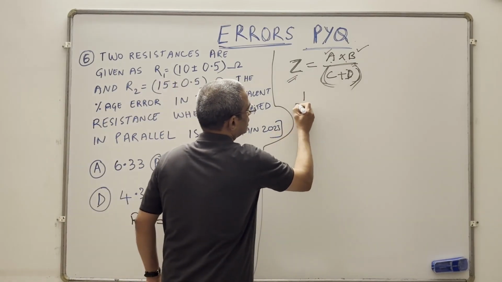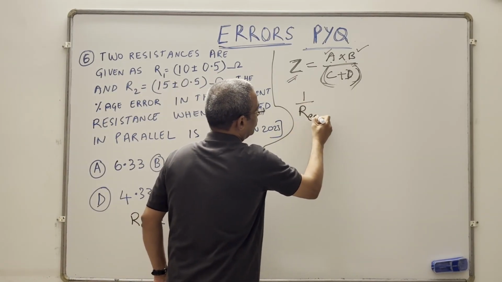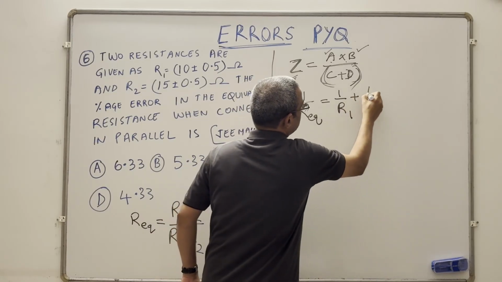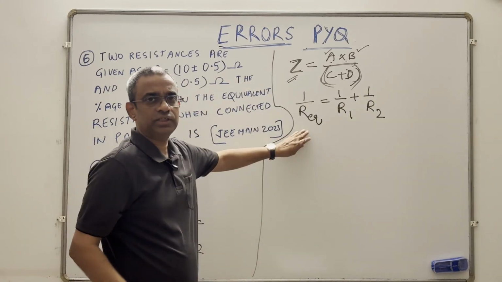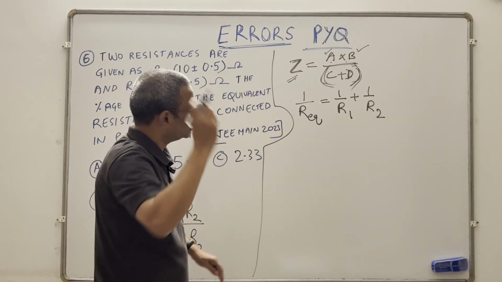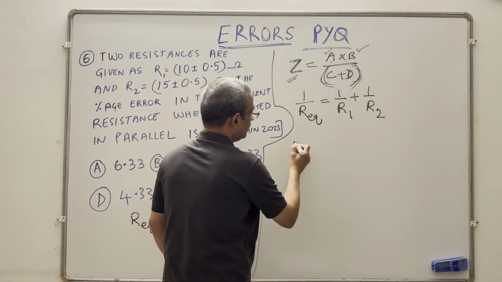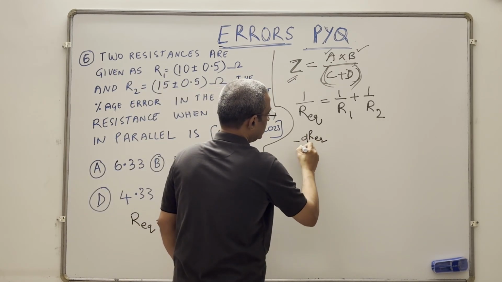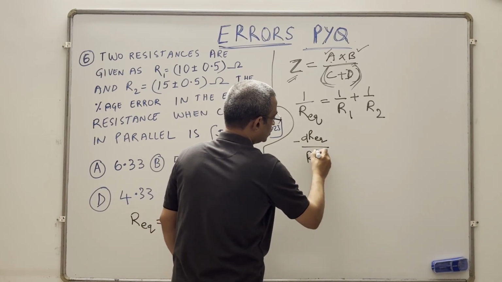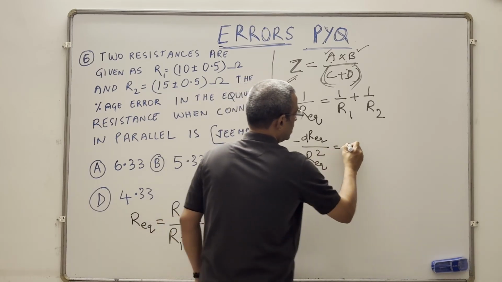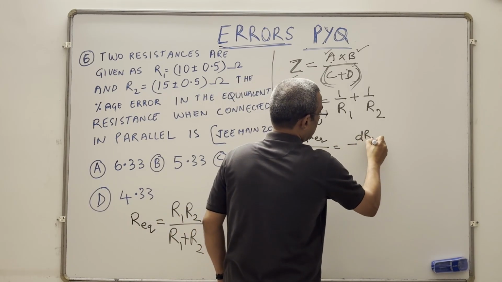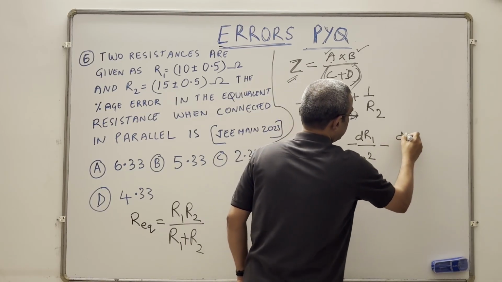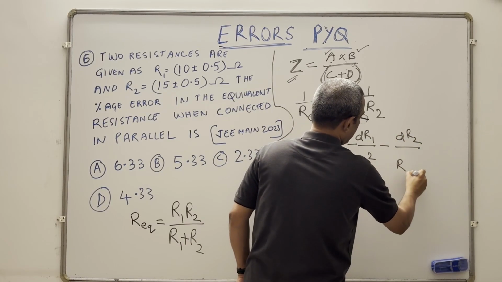We have to use calculus to solve this equation. So what is the R equivalent? 1 by R equivalent is equal to 1 by R1 plus 1 by R2. This is the formula for parallel resistance. So if we differentiate, what do we get? We get minus dR equivalent by R equivalent square is equal to minus dR1 by R1 square minus dR2 by R2 square.